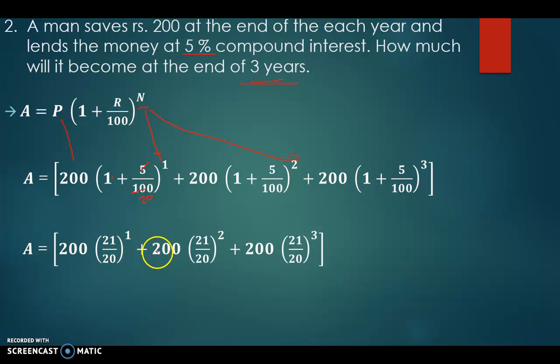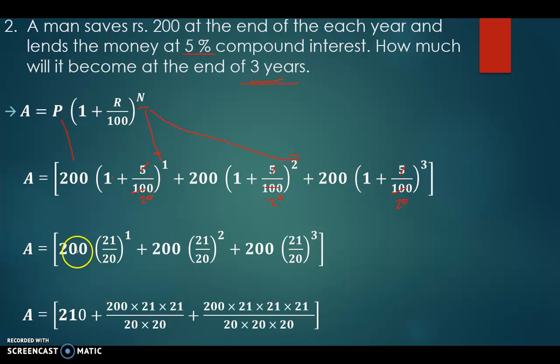Raised to 1, plus 200, and here 5 divided by 100 is 1 upon 20, so it is 21 divided by 20 squared. The third one is the same: 5 upon 100 is 1 upon 20, so 21 upon 20 cubed.